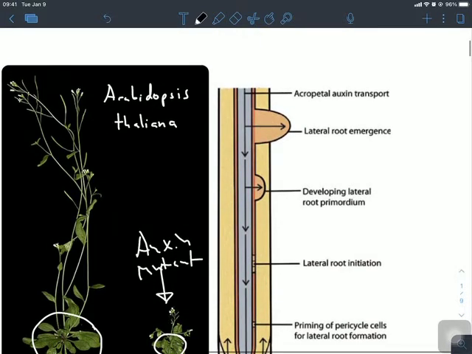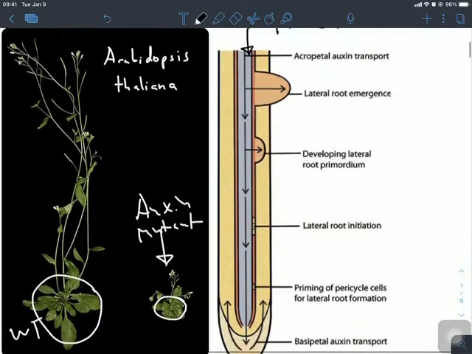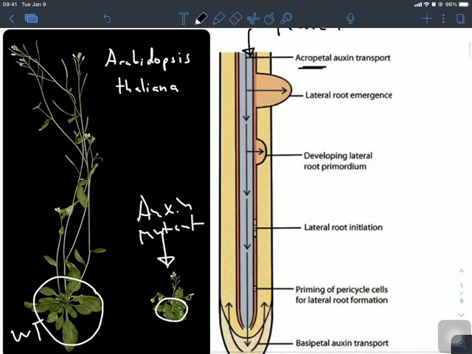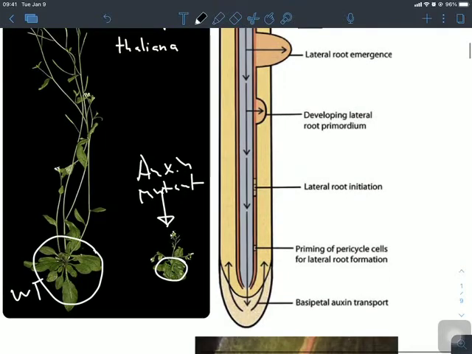We will see that auxin being made in the leaves is being transported down the vascular column acropetally, and this is a vocab term meaning that it's transported down through the xylem and transported towards the root apical meristem.